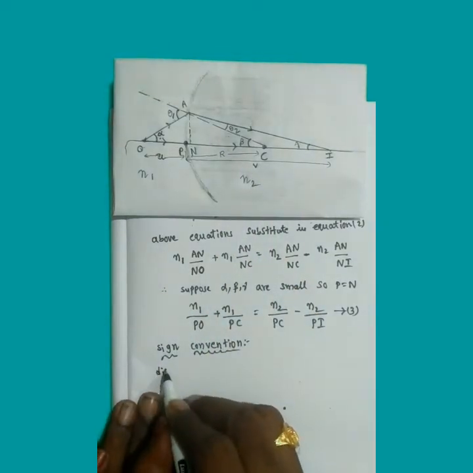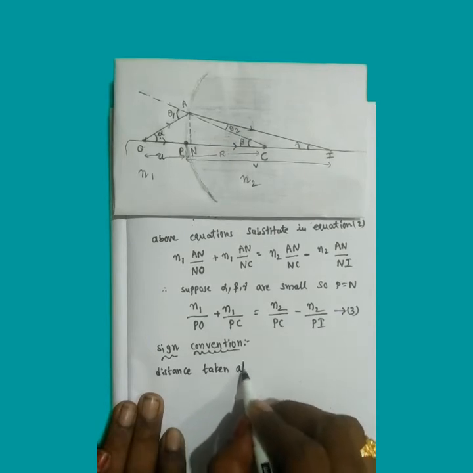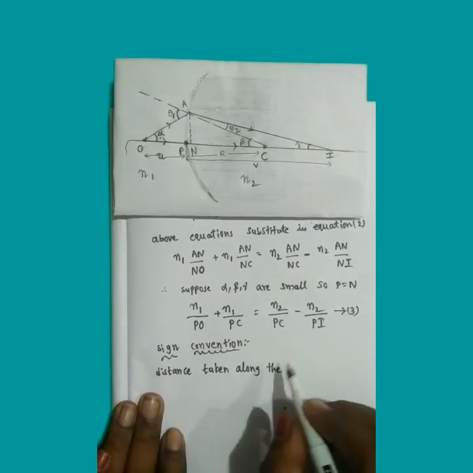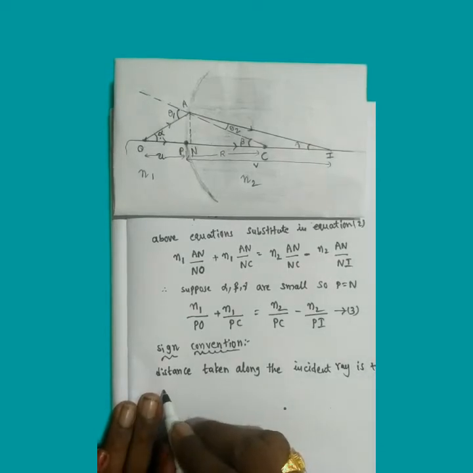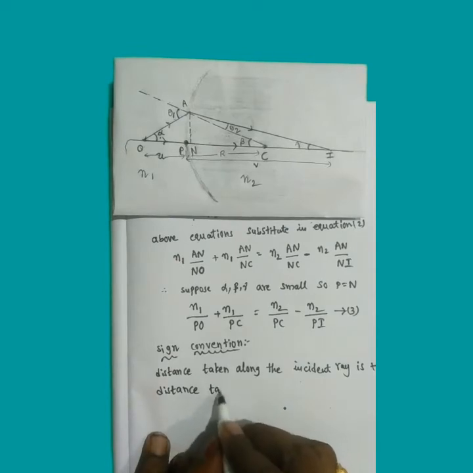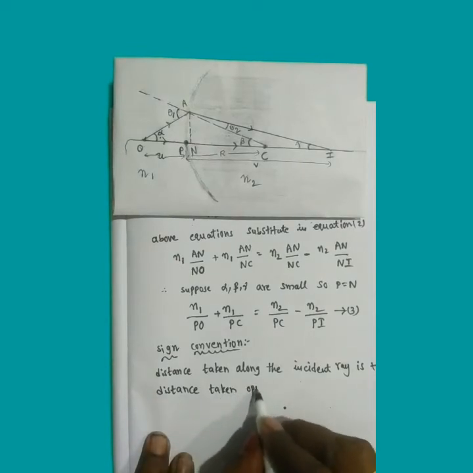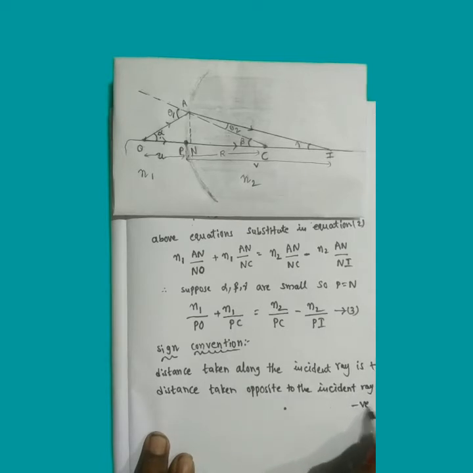Distances taken opposite to the incident ray are negative.